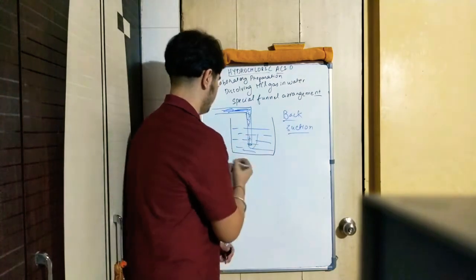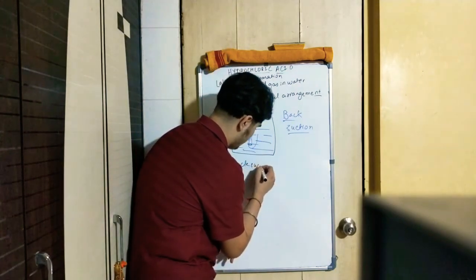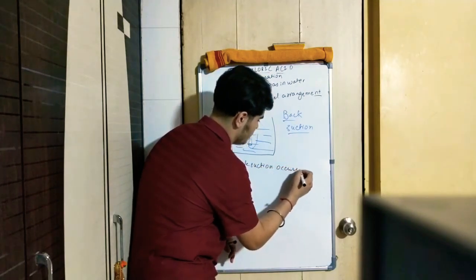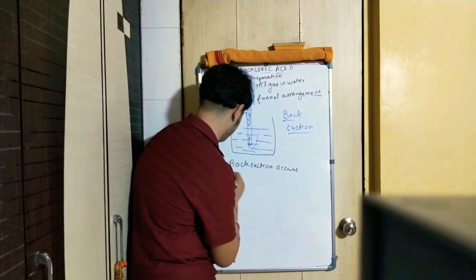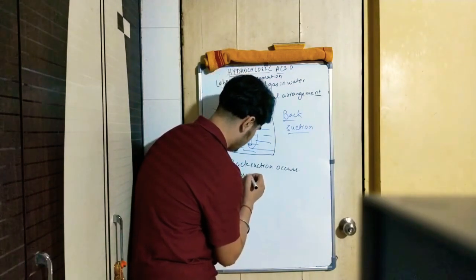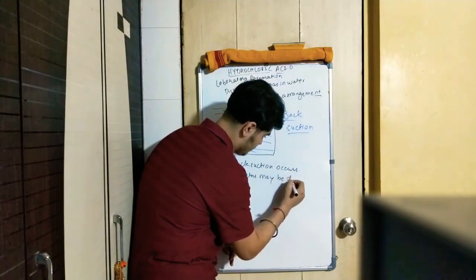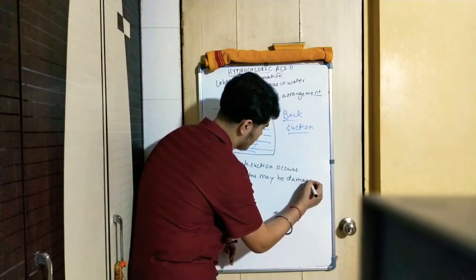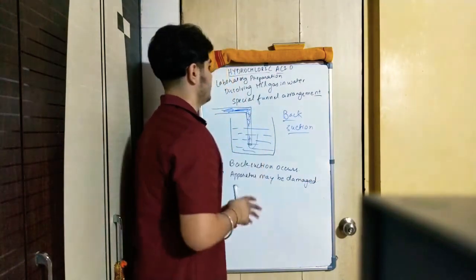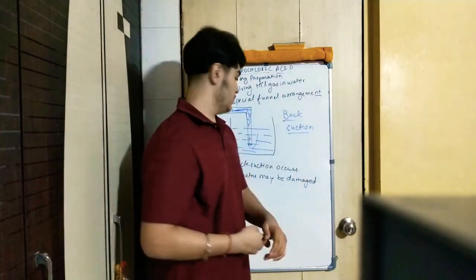So the drawbacks of this are: back suction occurs, and second, the apparatus may be damaged. These two are the main reasons why a special funnel arrangement is used and not the normal method. You can copy it down.